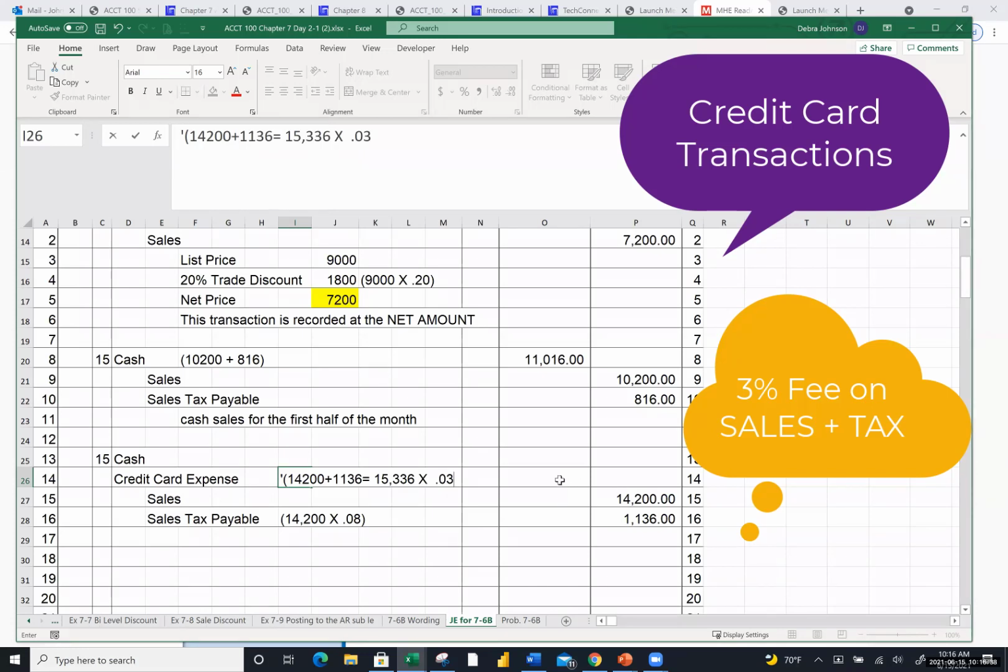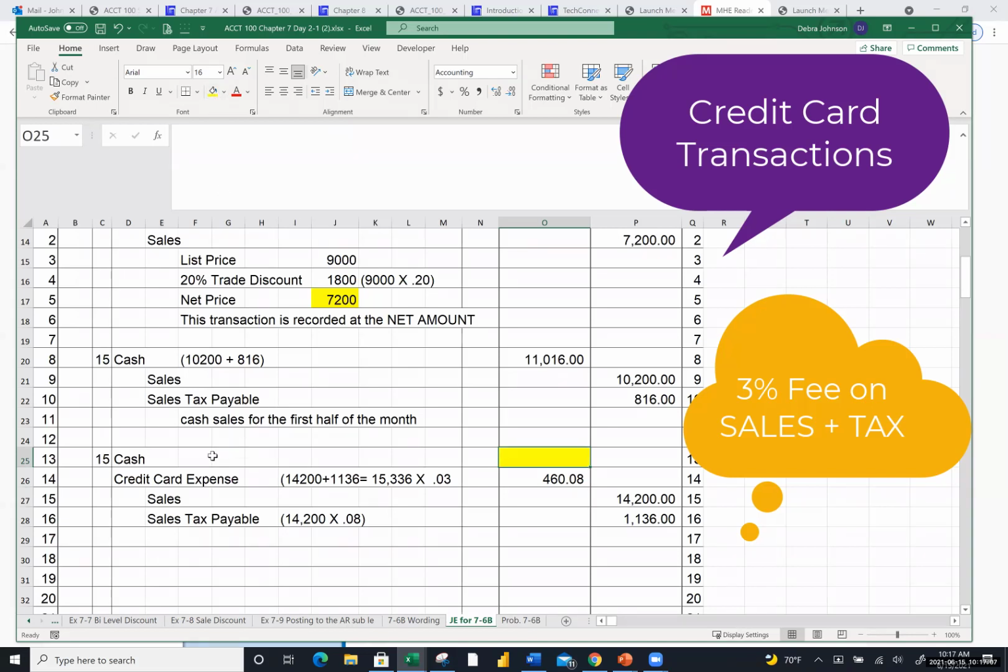Okay, so I'm going to calculate what the bank is going to keep off the top. And the way you do that is you add up the whole thing, just like we did here, and you multiply it by 3%. So 15,336 times 3%. I got $460.08. Thank you.